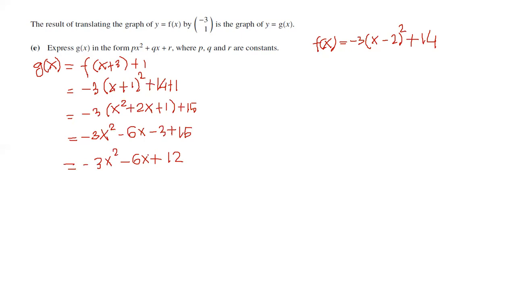So the final answer for part A is g(x) equals -3x squared minus 6x plus 12.